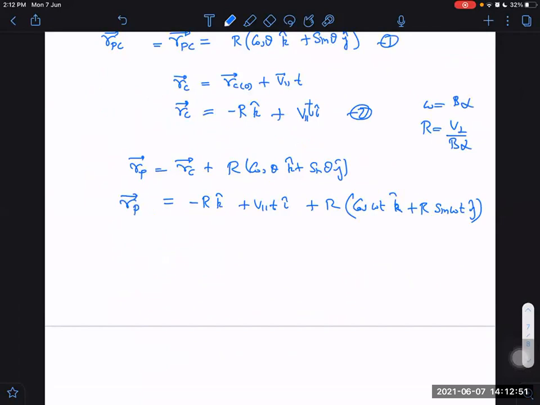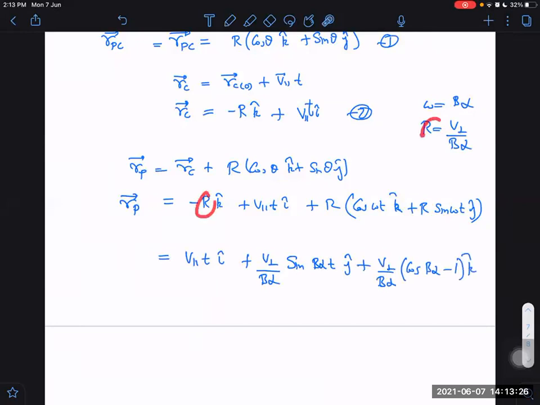We are getting it now. Take I cap terms together, V parallel into T I cap. Take J cap terms together, plus V perpendicular divided by B alpha into sin B alpha T along J cap, and K cap terms together, plus V perpendicular by B alpha whole multiplied by cos of B alpha T minus 1 into K cap.